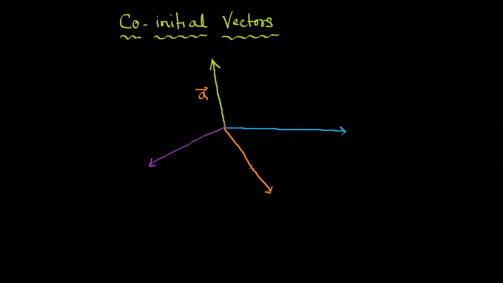It's not necessary that you write in the capital letter. You can write in the small letter also. B vector. This is suppose C vector, and this is called D vector. So what is a co-initial vector? Co-initial vectors are those vectors which have the same initial point or tail. The initial point is the same, suppose it is 0, right? So these vectors become co-initial vectors.